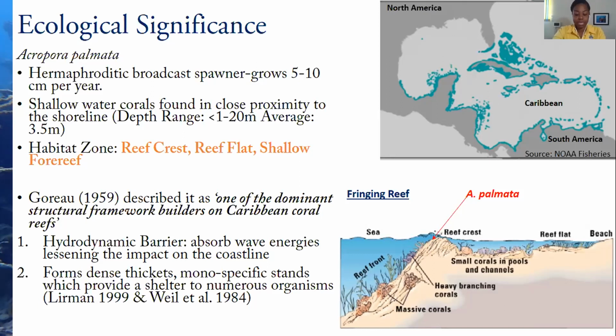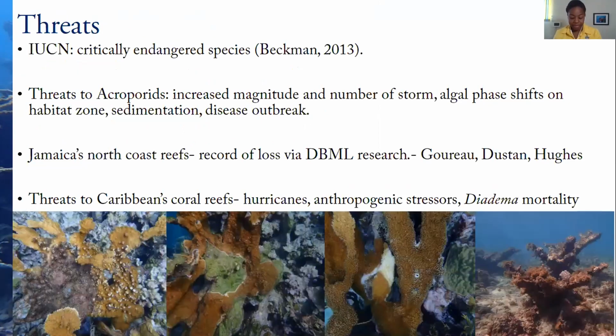Now, the International Union for the Conservation of Nature has listed the elkhorn coral as critically endangered, meaning that there has been an 80 to 90% decline or reduction in the species, as well as its extent.